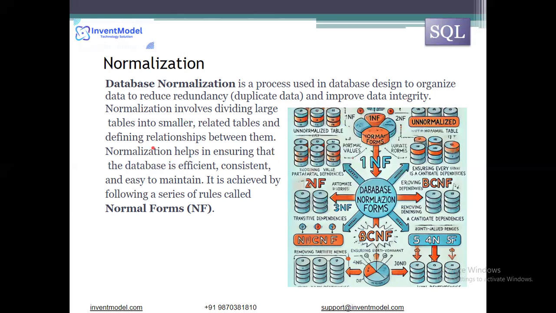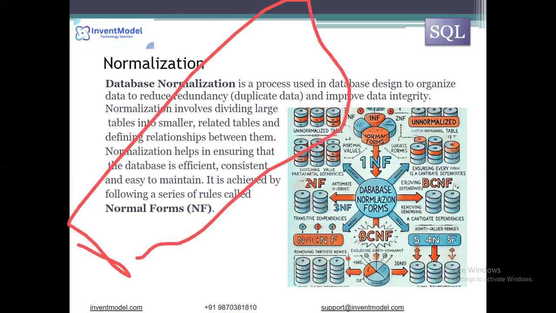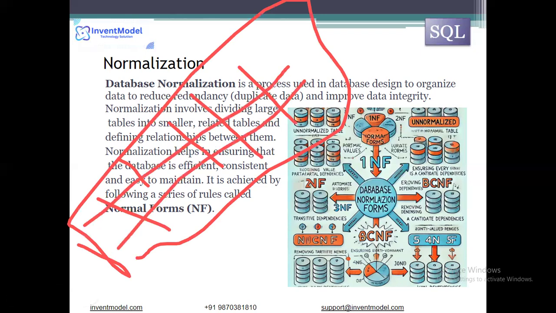And what is the process of normalization? It says that if we have a complex, large table, then we have to arrange it into small tables to achieve integrity and reduce duplication of data.